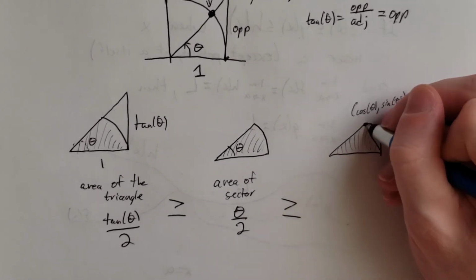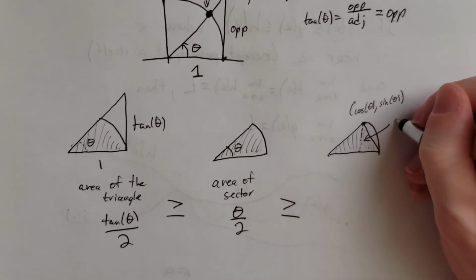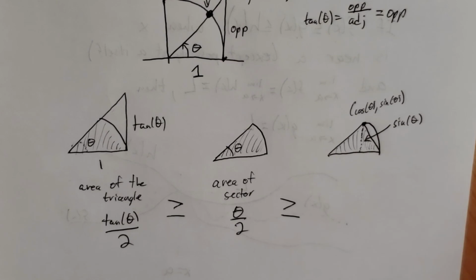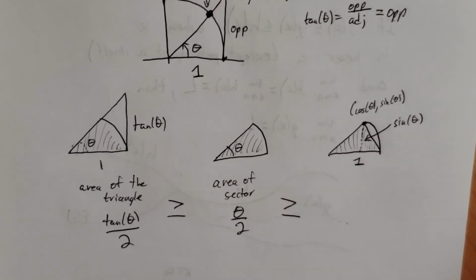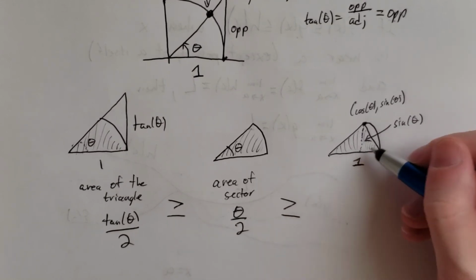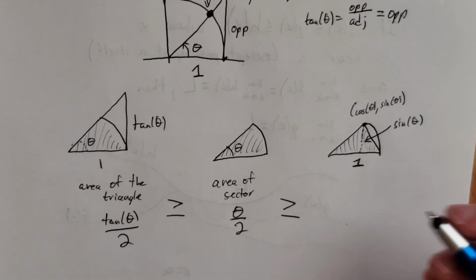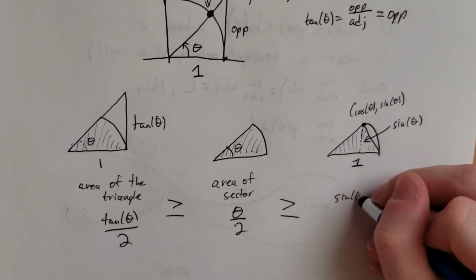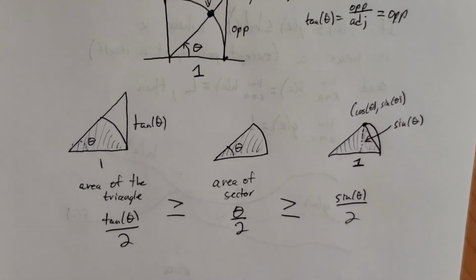In other words, the height of this triangle is sine theta. The base is still 1. And the area of this triangle that I've shaded in is sine of theta times 1 divided by 2, right? Base times height divided by 2.